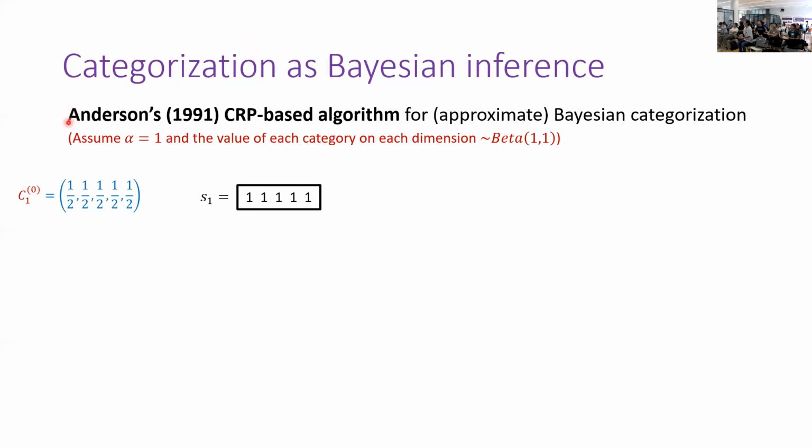So this is exactly what Anderson did in his 1991 paper. Strictly speaking, he was not doing strictly Bayesian inference. What he tried to do is an approximate algorithm for this kind of Bayesian inference.